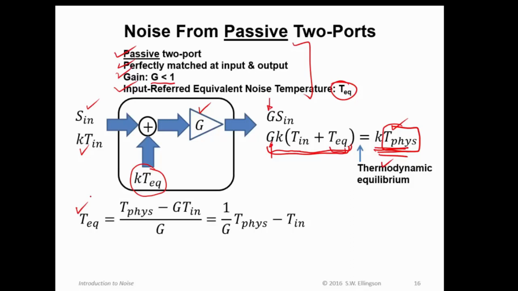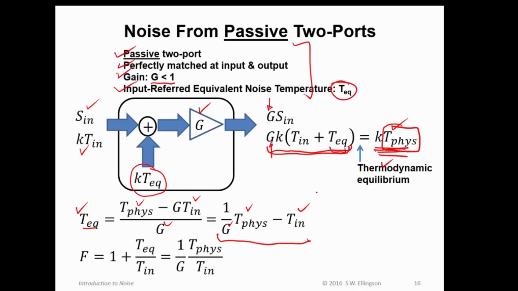T_EQ, now we can compute as the physical temperature minus the gain times the input noise divided by G, the gain. And simplifying that expression, we get this. We find that the input referred equivalent noise temperature must be the physical temperature divided by the gain minus the input equivalent noise temperature.